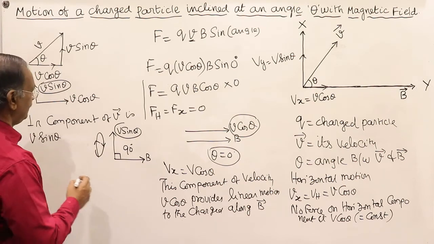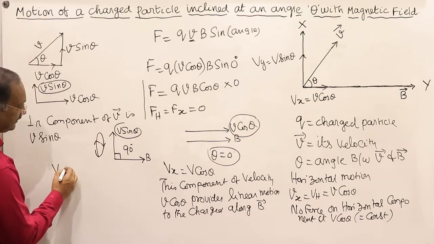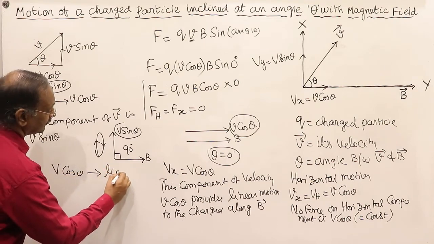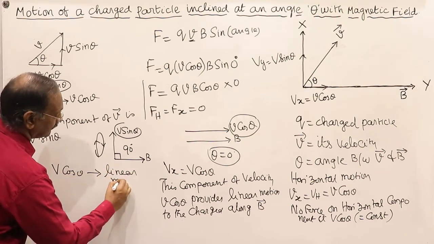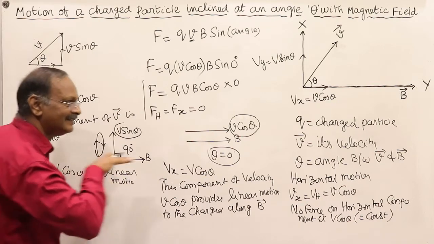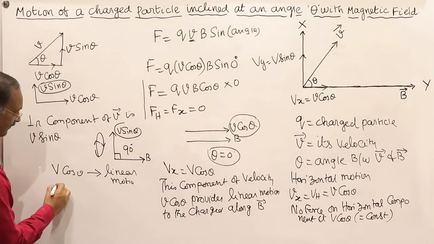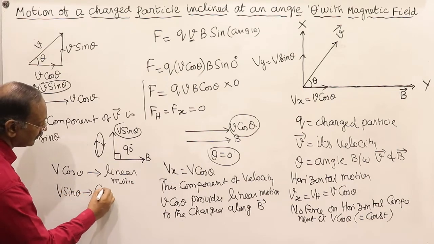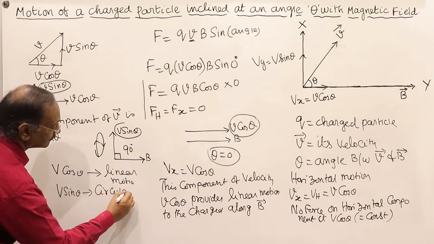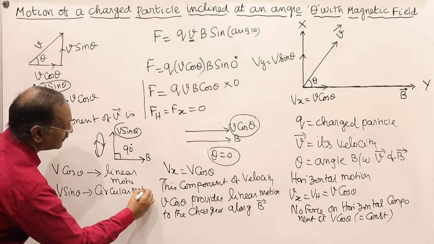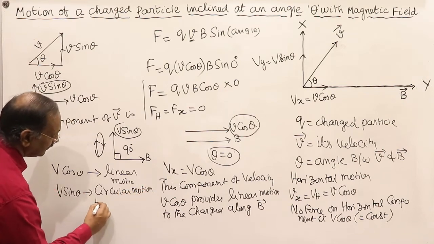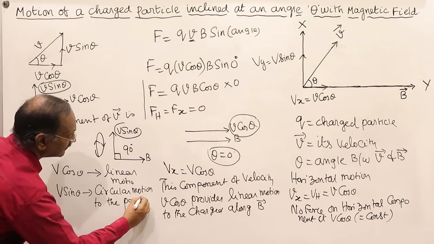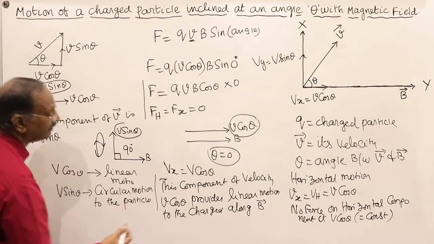See, the component v cos theta gives linear motion, that is motion in this direction, and v sin theta gives circular motion to the charged particle. This we have to remember.